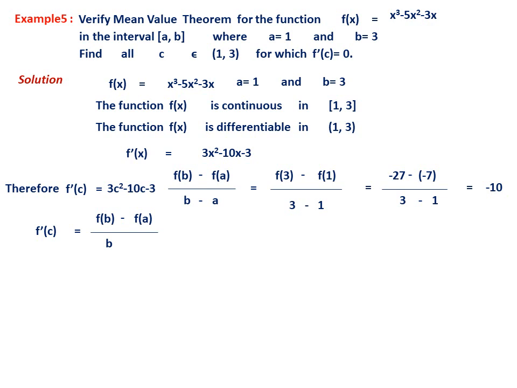What is the second part now? We have to find all the values of c which satisfy f dash c equal to 0. Let us proceed.